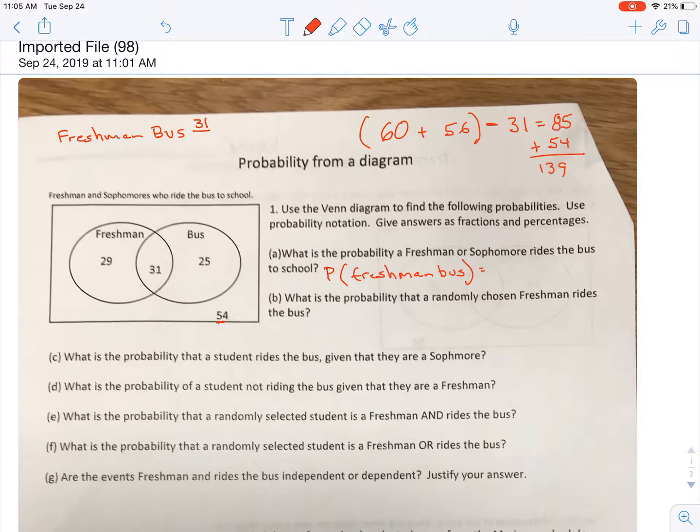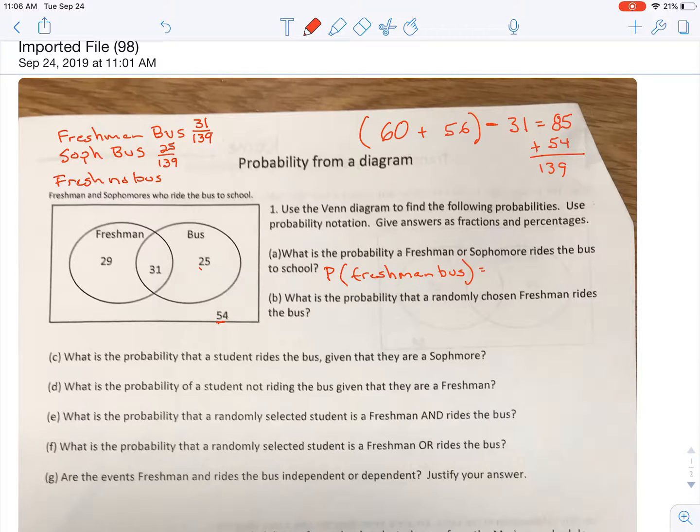Okay, so freshman, now the problem's easy. Freshman bus is 31 out of 139. Then I'm going to have sophomore bus. So that would be the people in the bus circle that aren't in the freshman circle. It'd be 25 of 139. And then let's have another combination. Let's do freshman no bus.